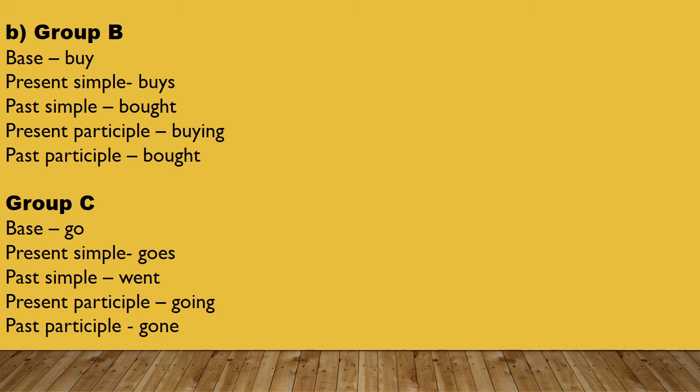The past simple of go is went. The present participle of go is going. And then the past participle of go is gone.